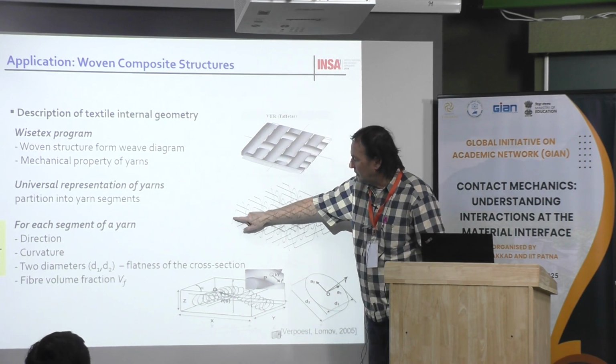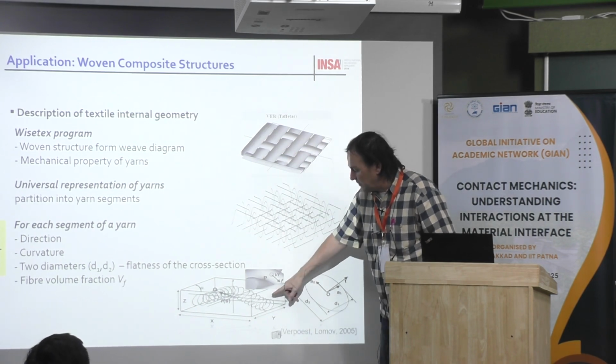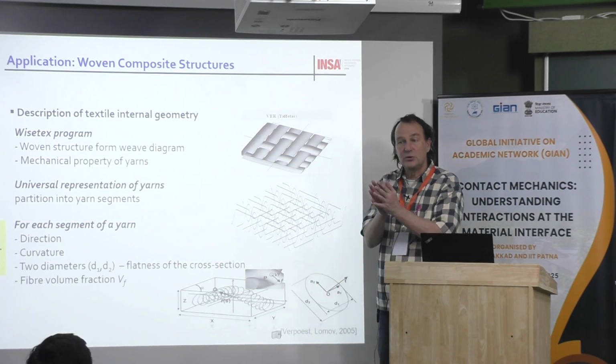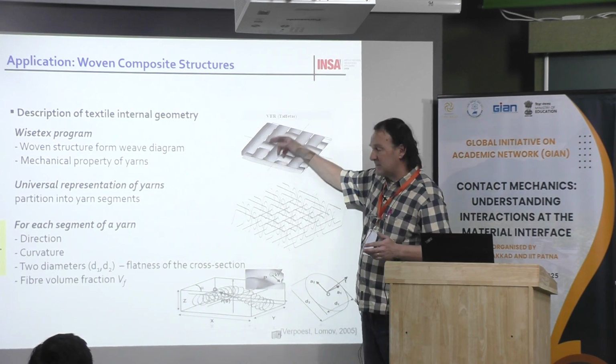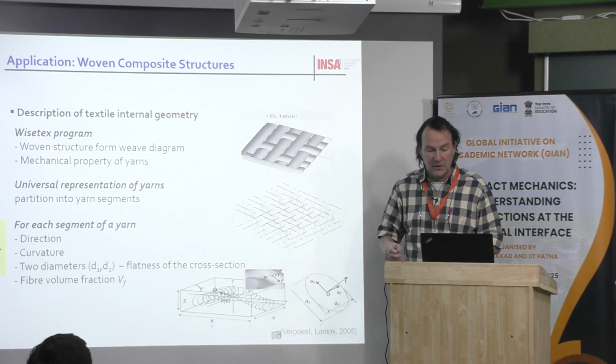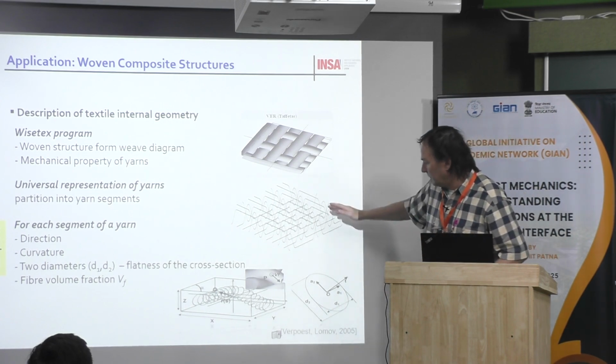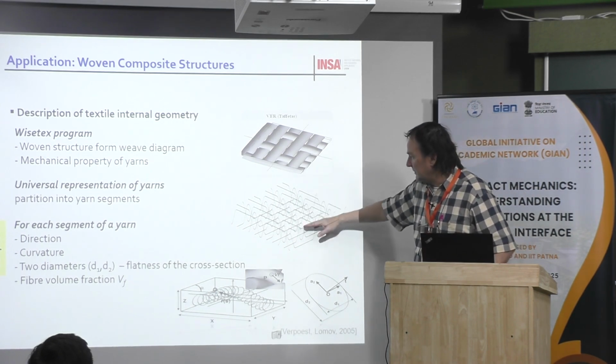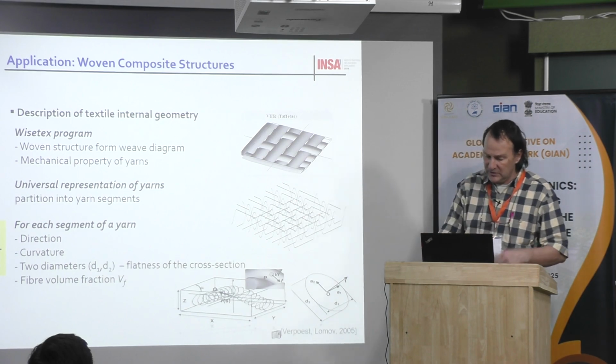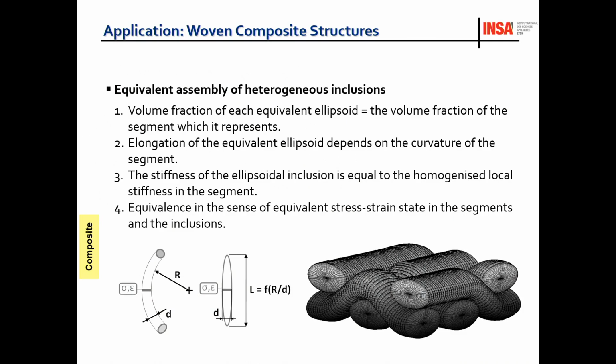For each point, we can add an ellipsoidal inclusion, to reproduce the same stiffness as the fibers. And we have been able to construct 3D bodies like that. We are able to do simulation for real parts. We only develop the tools, and now our partners are using that for their own purpose, but we don't know what they do exactly with that.